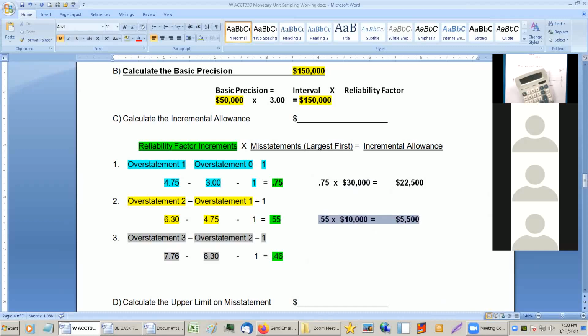So 52,500 plus that. I think that's 68,000, right? Yeah. All right, so this would be 68,000.